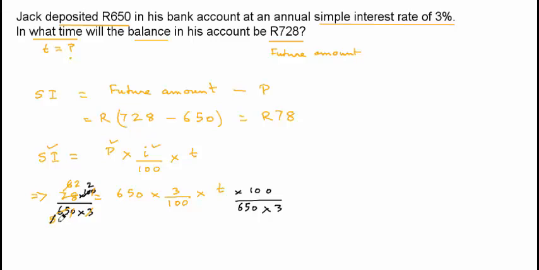So we have a bunch of 1s on the denominator. There's no other number. On the numerator, we have a 2 here and another 2. Which means the time required is 4 years. In 4 years' time, this amount of deposit at this rate of interest will increase to this amount.